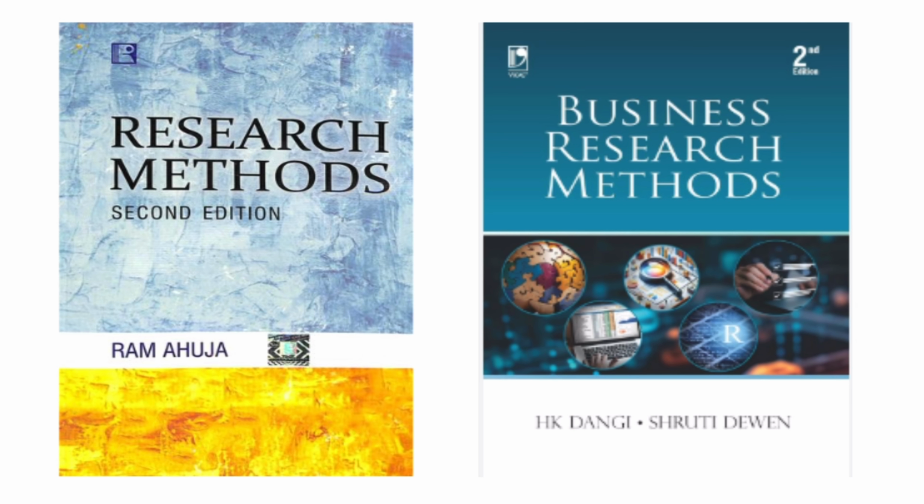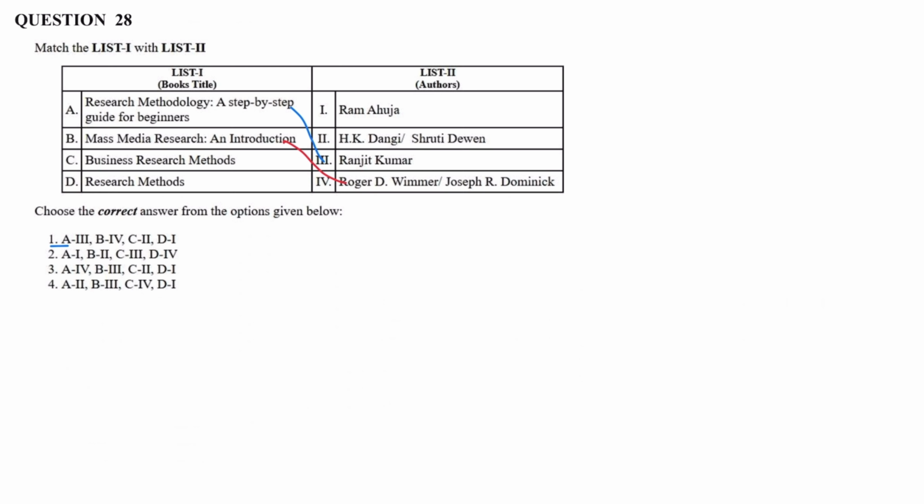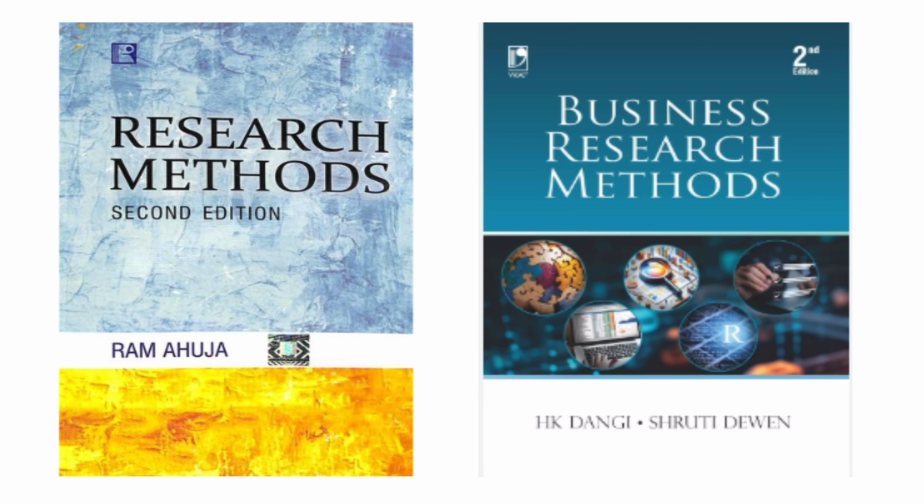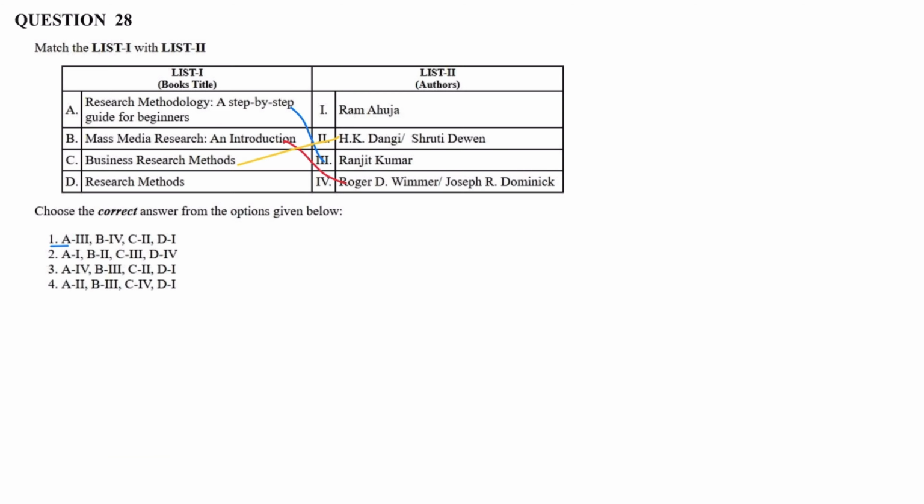Business Research Methods, H.K. Dangi. C matches to 2. Next, Research Methods, Ram Ahuja. Here it is Ram Ahuja, D1. Therefore, A3, B4, C2, D1. Correct answer is option 1.